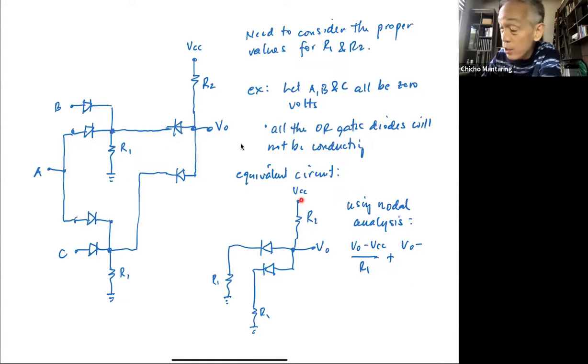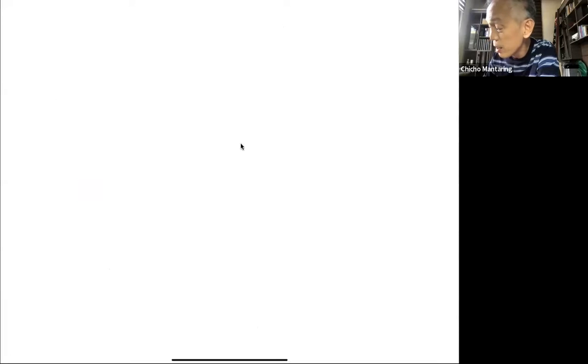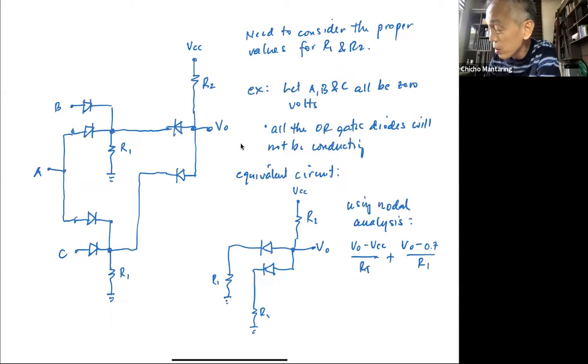As long as VCC is greater than 0.7, then this diode will be conducting. So V sub O minus 0.7 over R2, this is R2. Okay, VCC minus 0.7 over R1 plus another V sub O minus 0.7 over R1. Because you have a current here and then you also have a current here. So actually this is multiplied by 2. This is equal to 0.